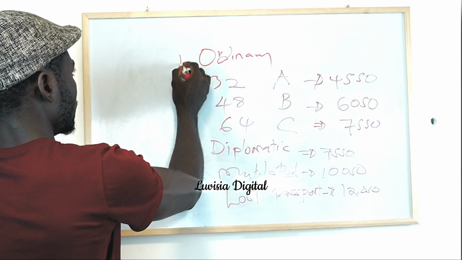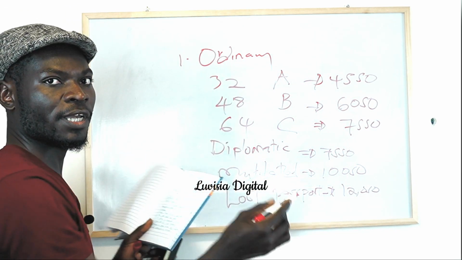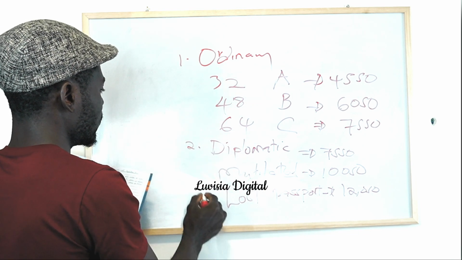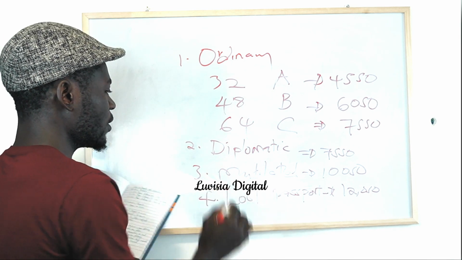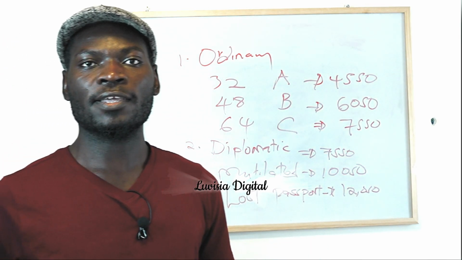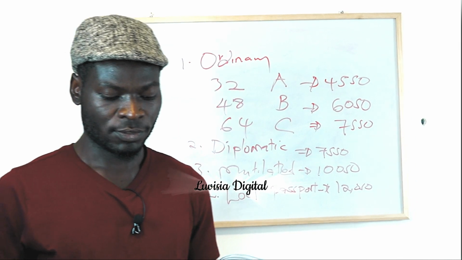So we have the ordinary, the diplomatic, the mutilated, and then the lost passports. Those are the four categories of passports.